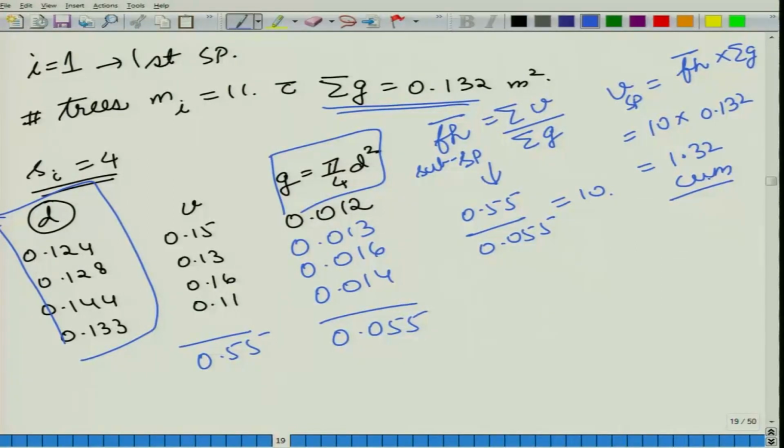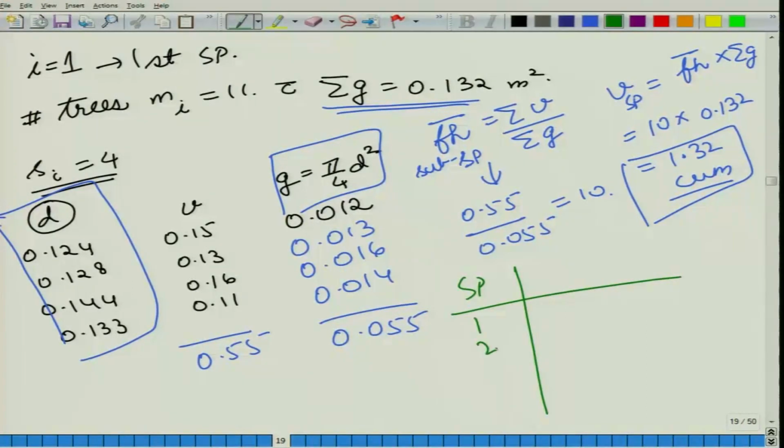So, for the first sample plot, we got the volume as 1.32 cubic meters. Now, we can repeat this step for all the other sample plots as well. For the sample plots 1, 2, 3, 4 and 5, we got the volume values as 1.32, and for the other ones, if we repeat the same thing, these are the values that we will get.